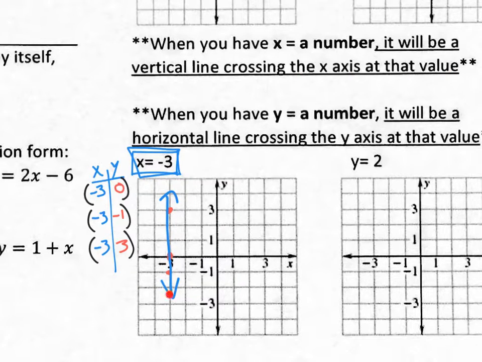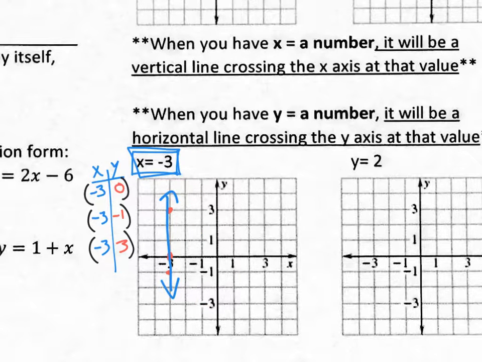So it's a vertical line crossing the x-axis at -3. Do you understand that? It's pretty easy to understand. It's pretty straightforward. If I had x equals +4 and I wanted to graph x equals +4, that would be a vertical line going through the x-axis at +4. If I had x equals -1, that would be a vertical line crossing the x-axis at -1.